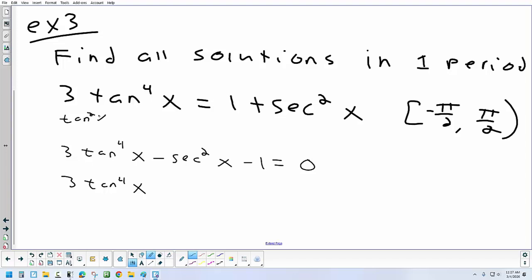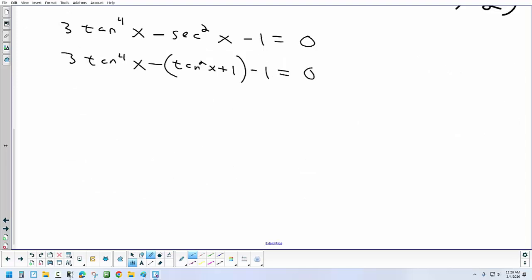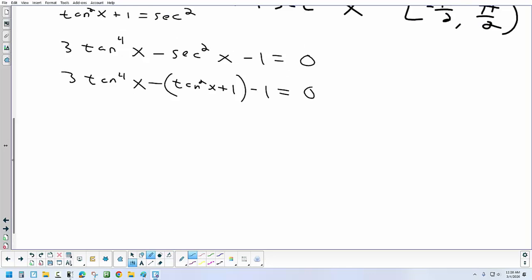Tangent squared plus 1 equals secant squared. So substitute in: inside the parentheses, change secant squared to tangent squared plus 1. Now you've got all the same trig function. We're going to combine like terms, and it's going to be a quadratic, which I think will be factorable, and you won't need quadratic formula.